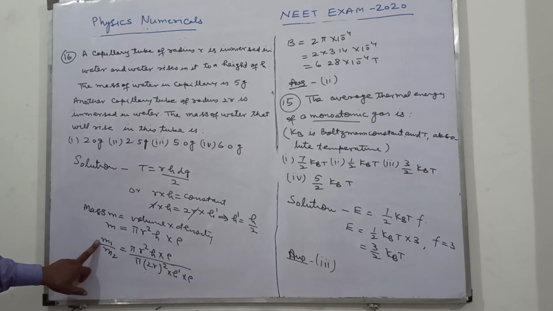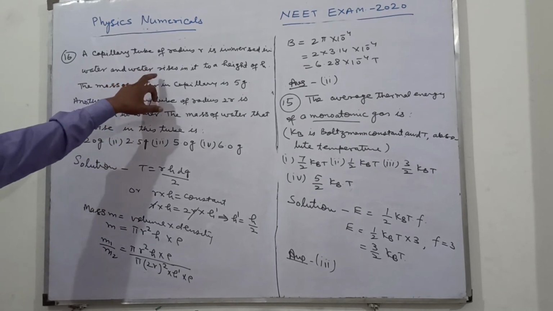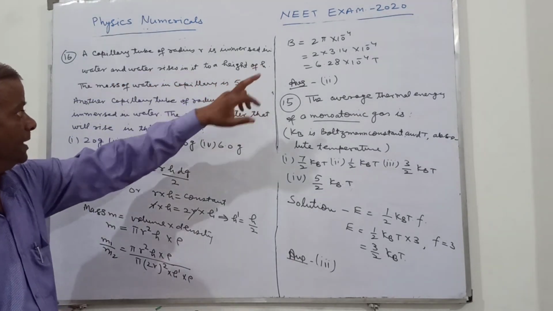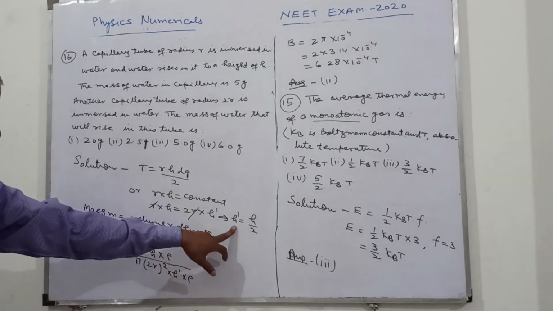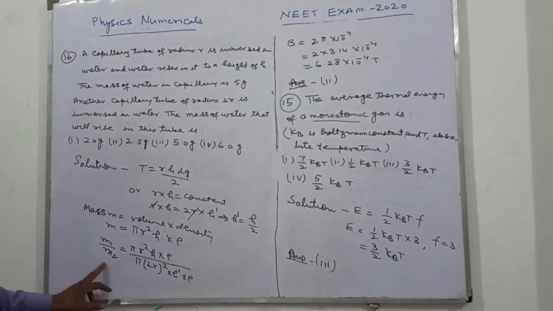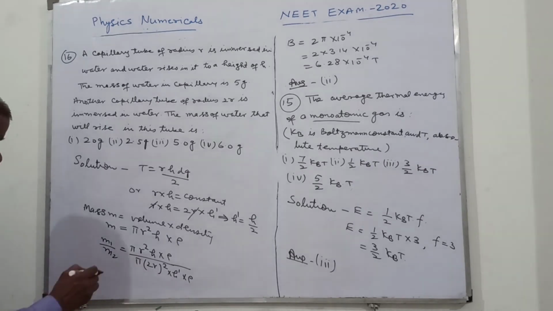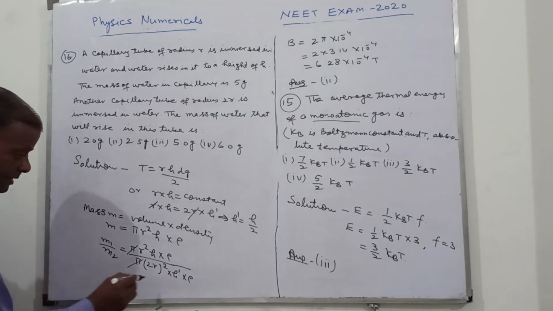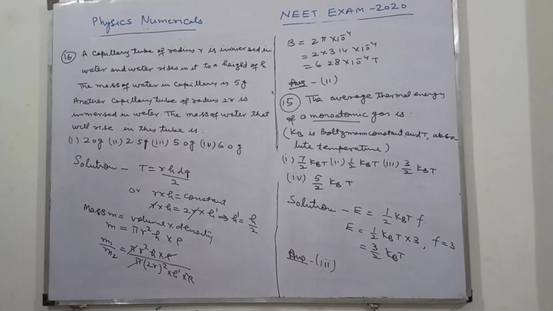This is for the first case when the height is h, and for the second case when the height is h dash. So just put these values and you will find the answer. This pi and pi will cancel, rho and rho will cancel, and now we put the other values.